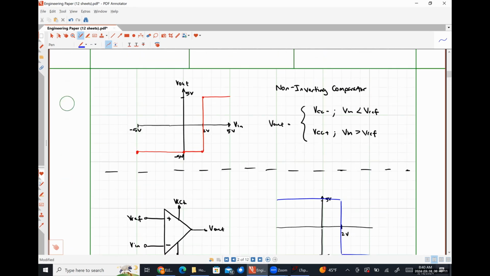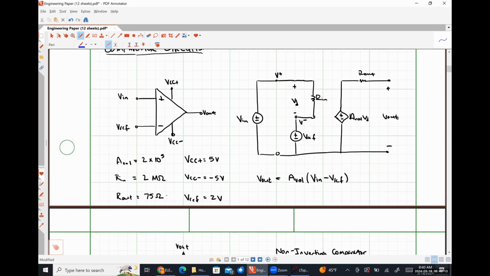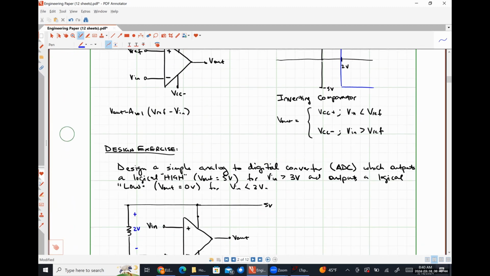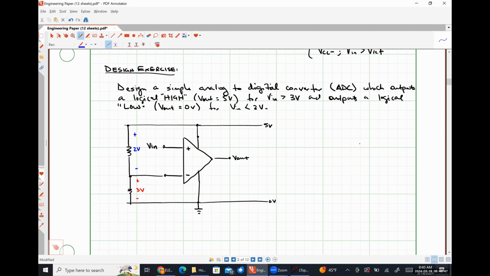So if we look up here, if I put a resistance here, we want this resistance RL to be much greater than R out so that almost all of the voltage being supplied by this source, almost all of that voltage occurs over this resistor and practically none of it occurs over this one, right?